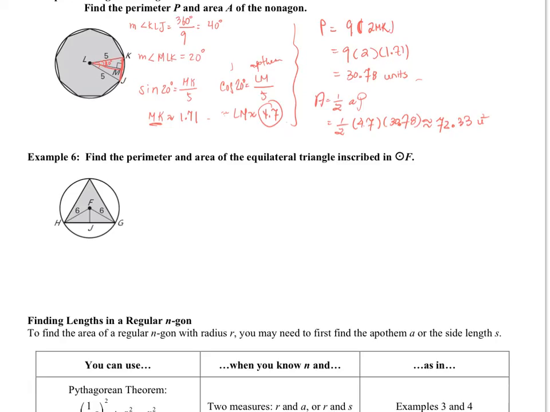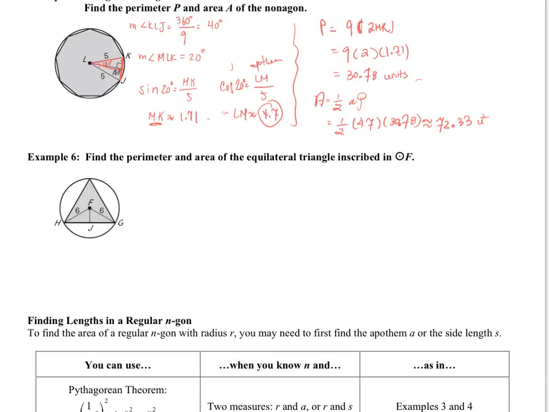Example 6. Find the perimeter and the area of the equilateral triangle inscribed in circle F. So this triangle here, we have limited information.